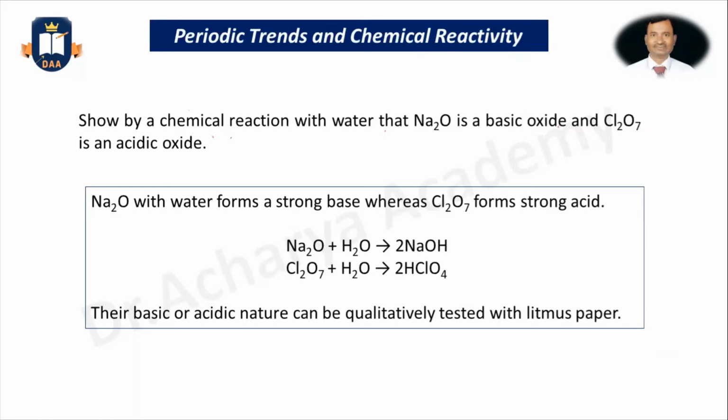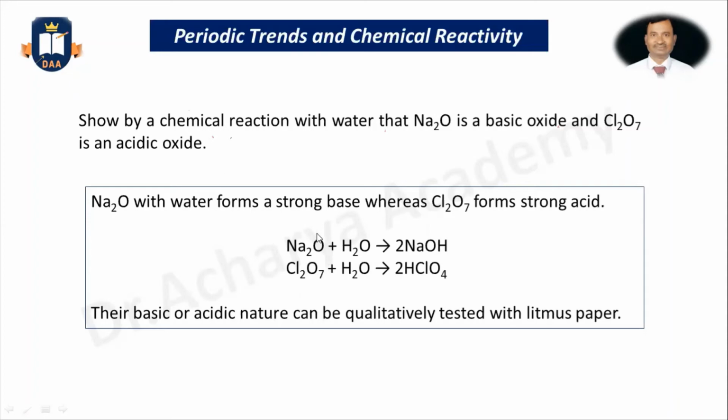Now we'll show by a chemical reaction with water that sodium oxide Na2O is a basic oxide and Cl2O7 is an acidic oxide, to defend our previous statement.